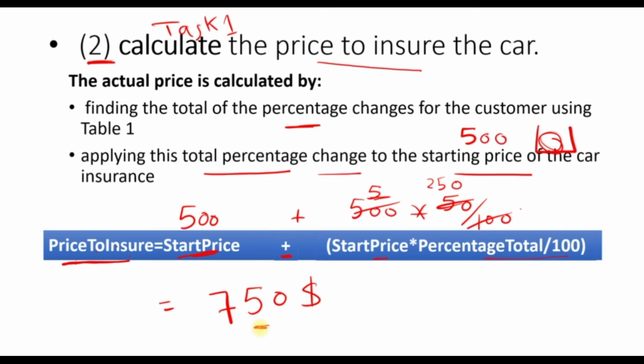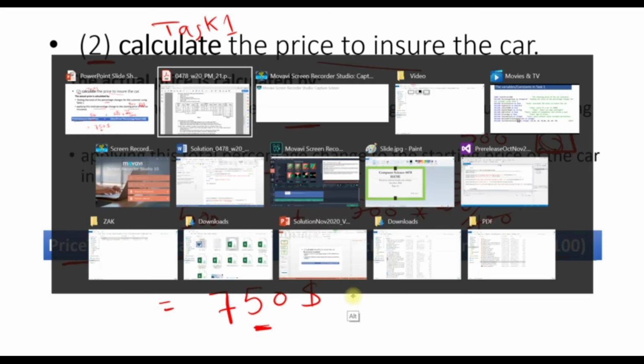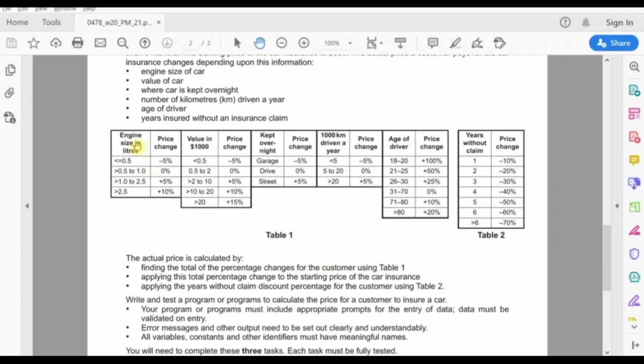Okay, or simply how the value of negative percentage will be applied. Simply here, if we have negative values, because the engine size is less than 5.5, so the percentage will be negative 5, and here also will be negative 5, negative 5, negative 5, this is negative 20, and 0 here, so the total here will be negative 20.